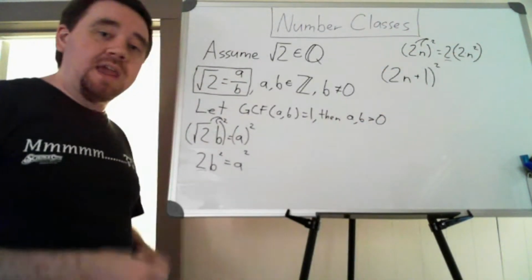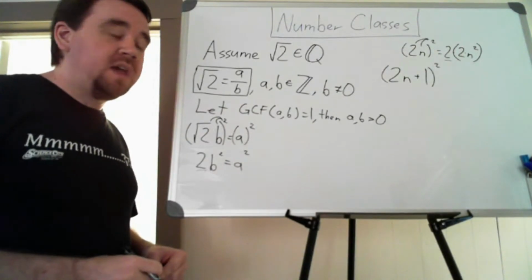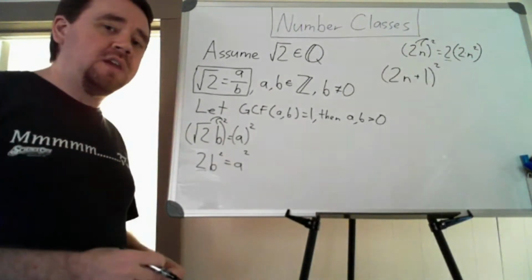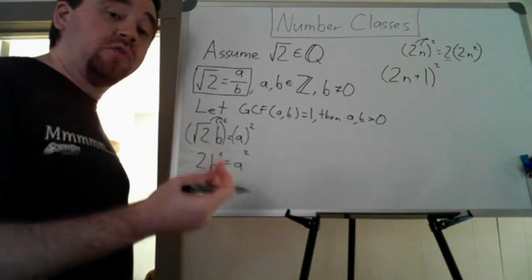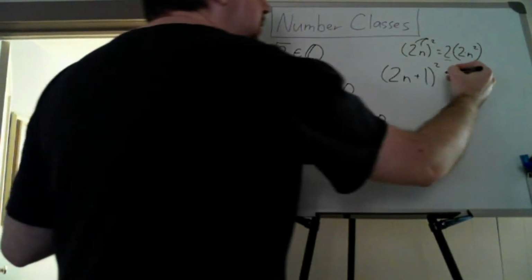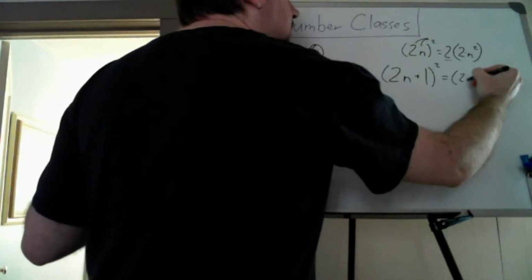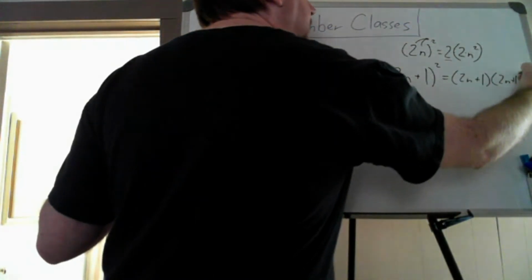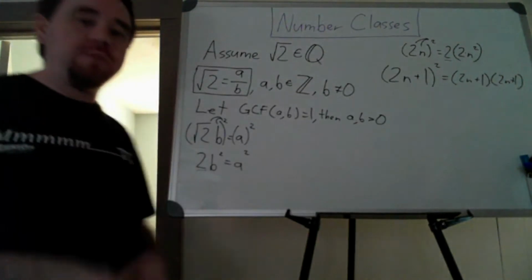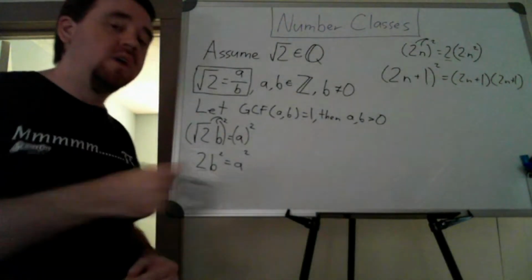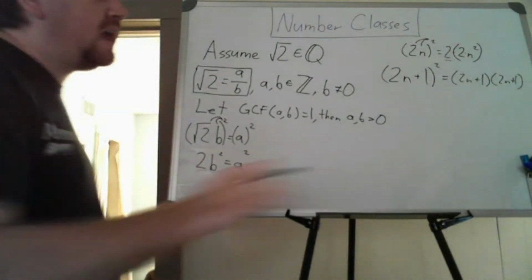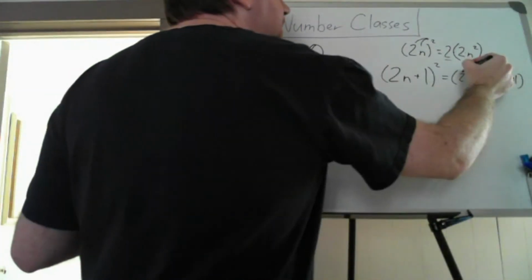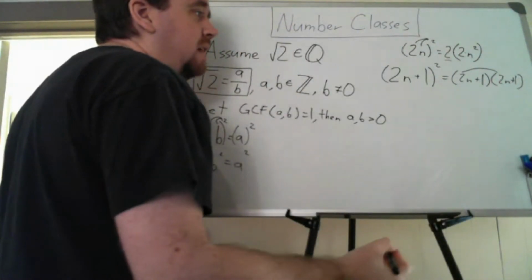Well now we've got a binomial squared. And so we have to remember, how did we go about doing this? Well, we did this through distribution. So let's write that out. It's 2n plus 1 times itself. And then we have to distribute every term from the first binomial with every term in the second binomial and add them all up. So we start with this. It's 2n times 2n.